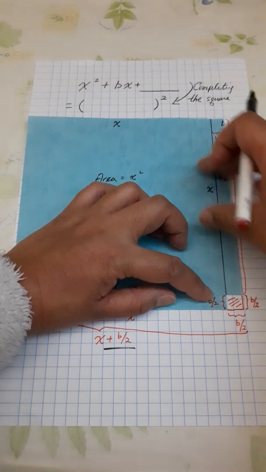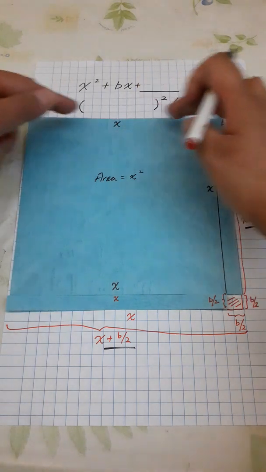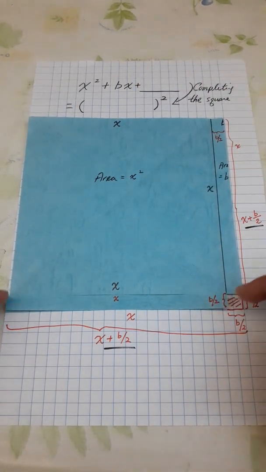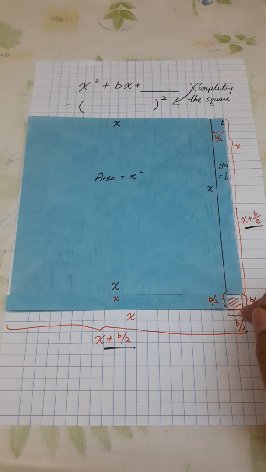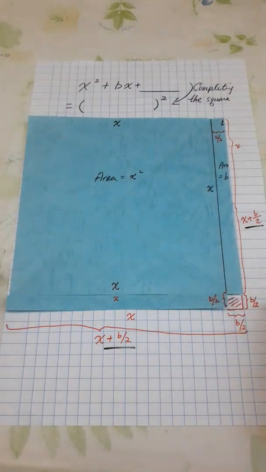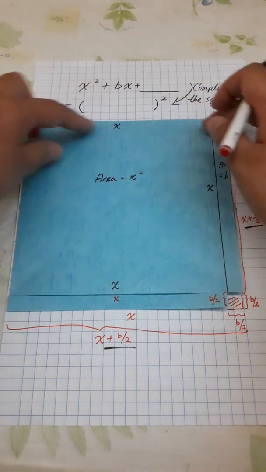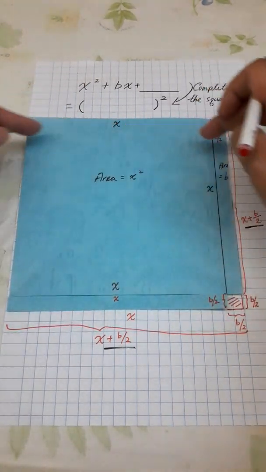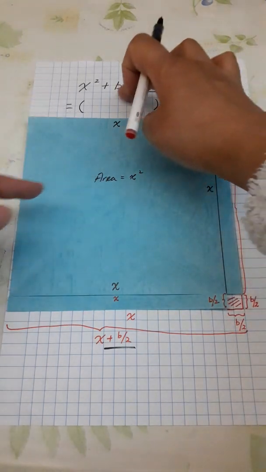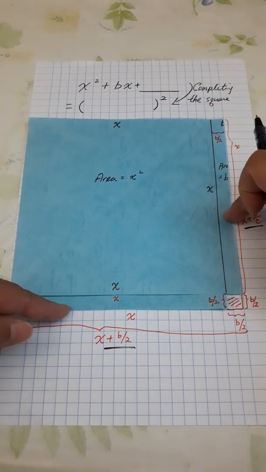It means the area of the blue paper and the area of this small corner together is a square. x squared is the area of this part, bx is the area of these two parts.